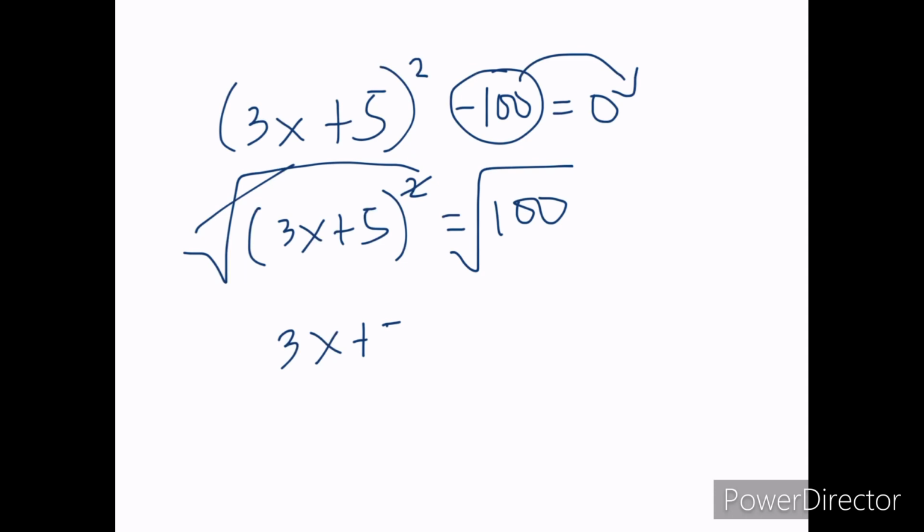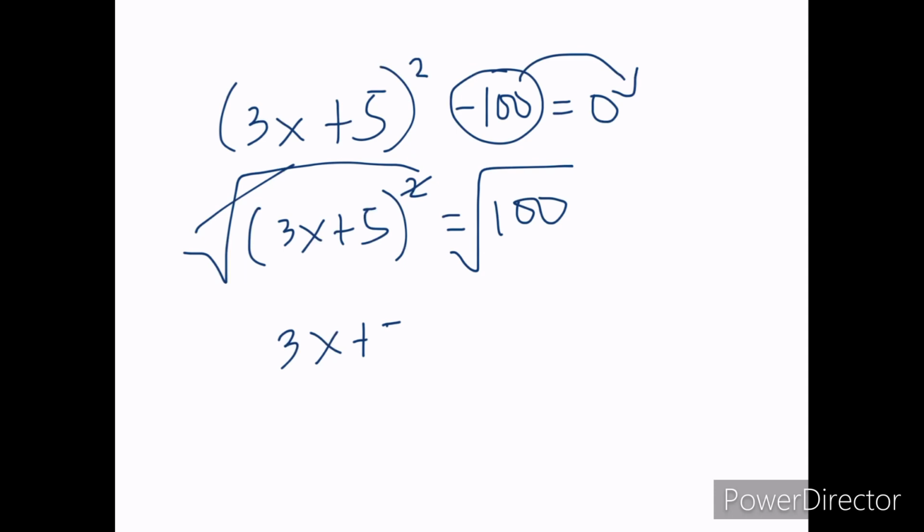Next, how about negative 10? So 3x is equal to negative 5 minus 10, which is negative 15. Then, since again our a is not equal to 1, divide both sides by the value of our a, which is 3.